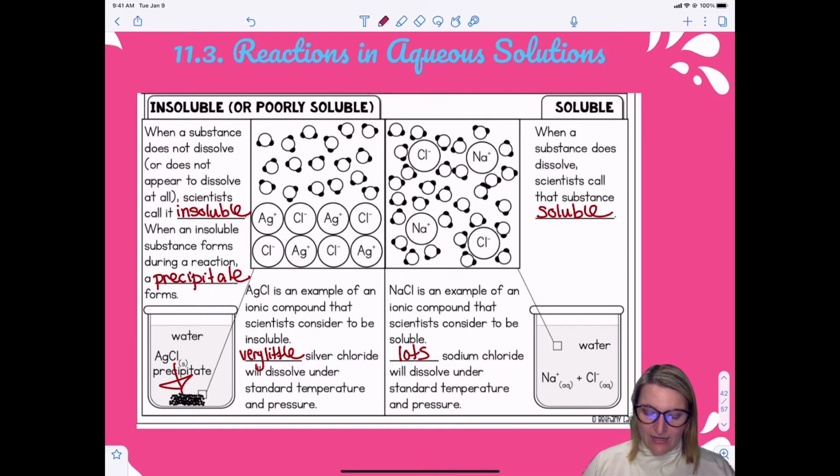And you can look at it in the picture here. Silver chloride, AgCl, is an example of an ionic compound that scientists consider to be insoluble. Very little silver chloride will actually dissolve under standard temperature and pressure. We can change solubility with temperature. We'll talk about that in another chapter. But look at the particulate diagram, right?